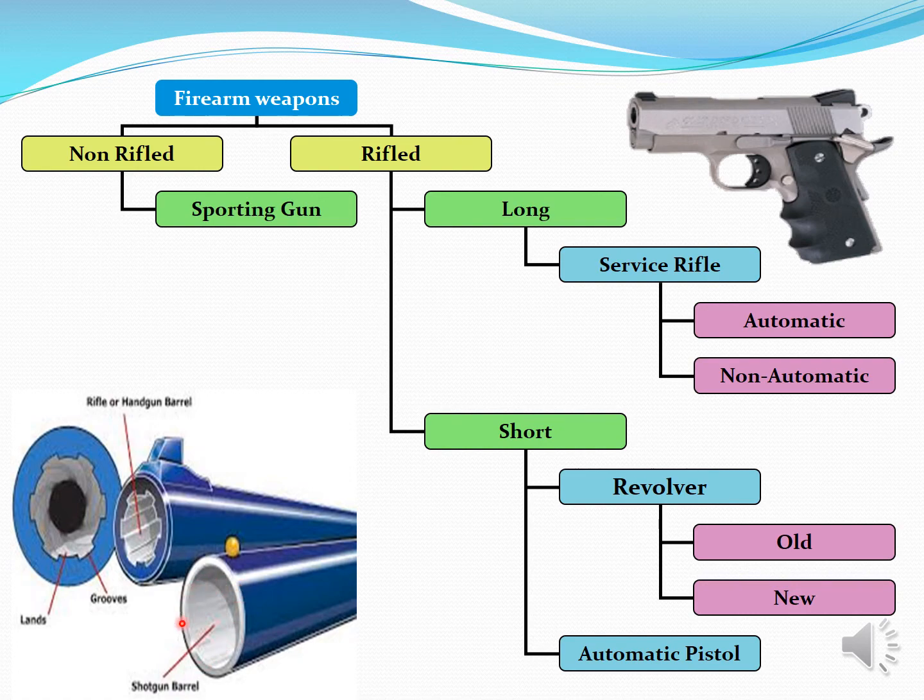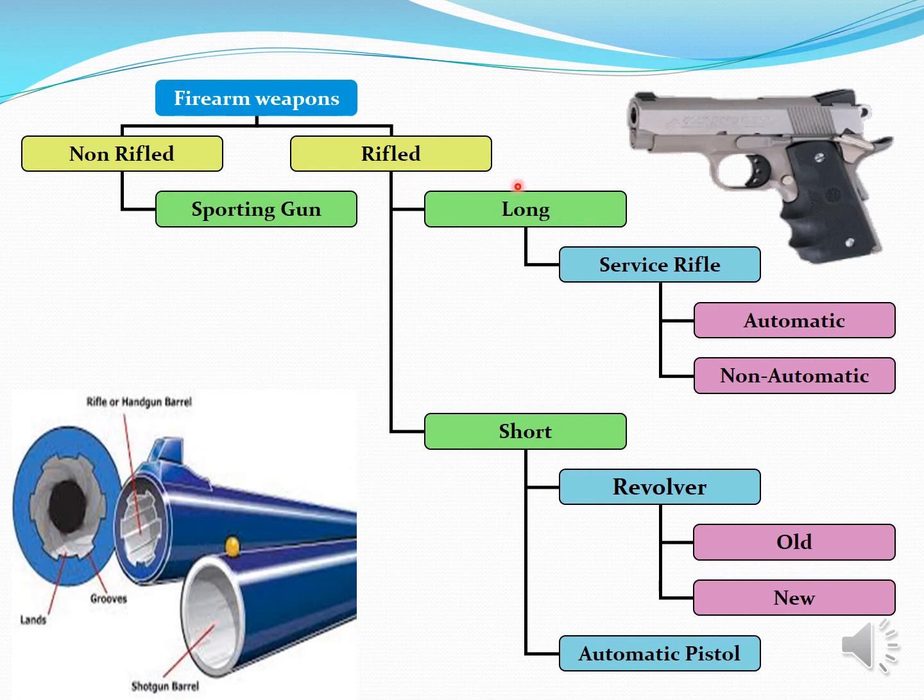Non-rifled means smooth bore, like this. Rifled means there are alternating ridges and grooves inside the barrel of the weapon. Non-rifled, there is only one type called sporting gun.